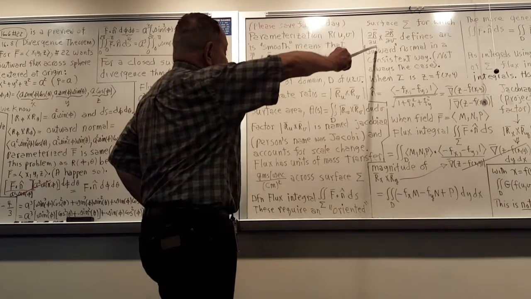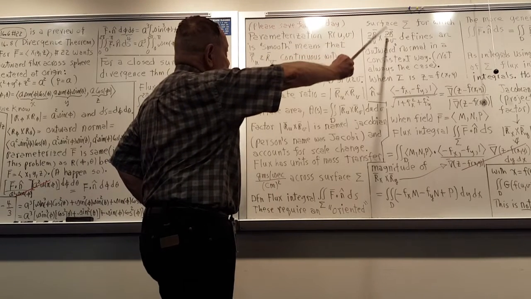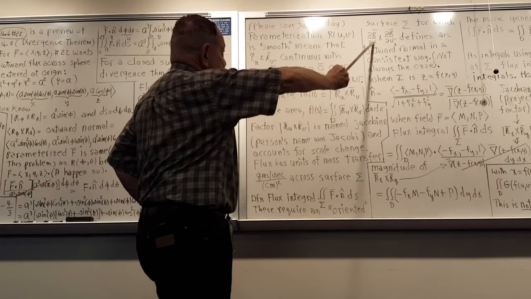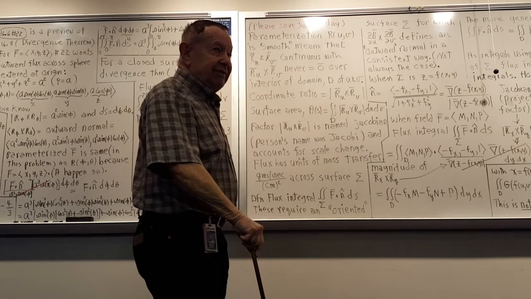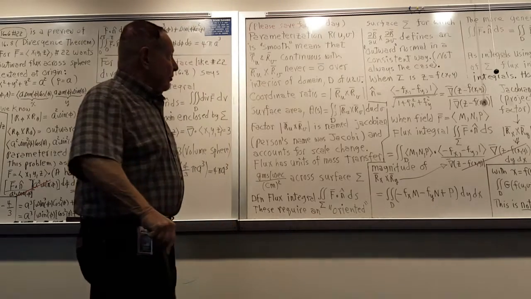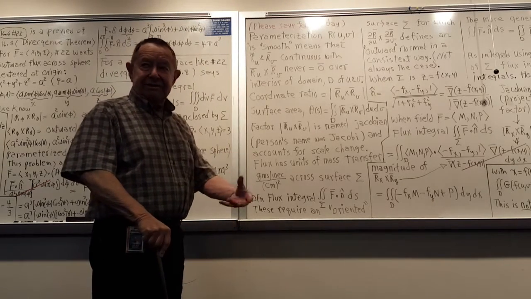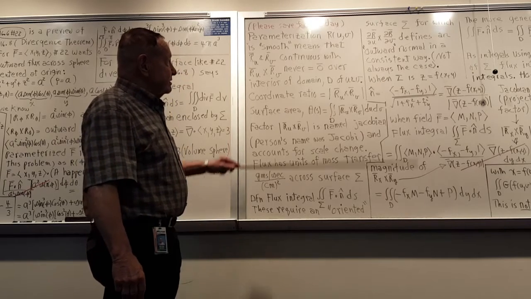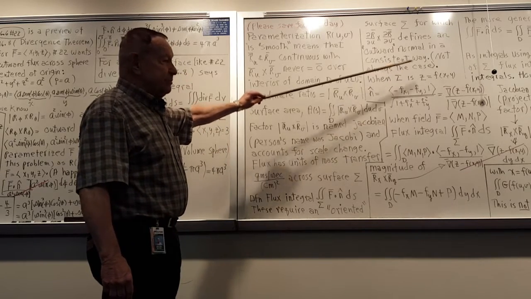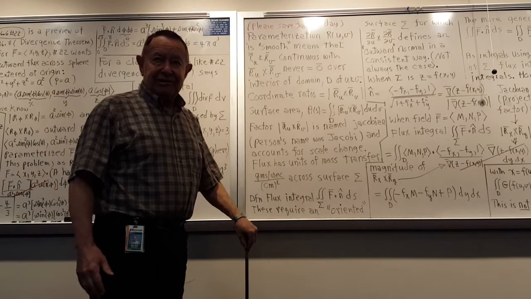So whatever the parameters are, you take this cross product of the partials, and that's supposed to define an outward normal in a way that would be consistent wherever you are on the surface. This is not always the case, but it will be the case for us.